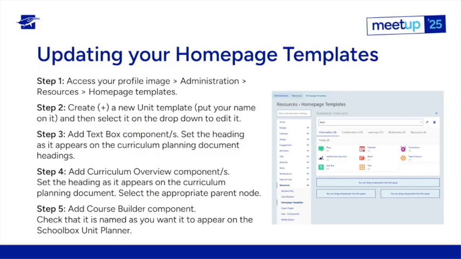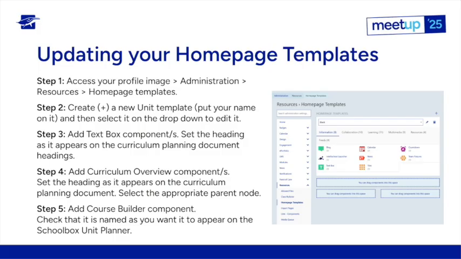So it might be you want to put one in there for learning intentions. It might be that you want one for success criteria. It might be you want one for the ACARA unit outcomes. Up to you.